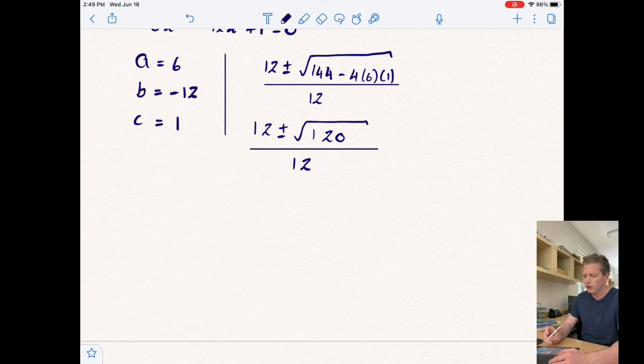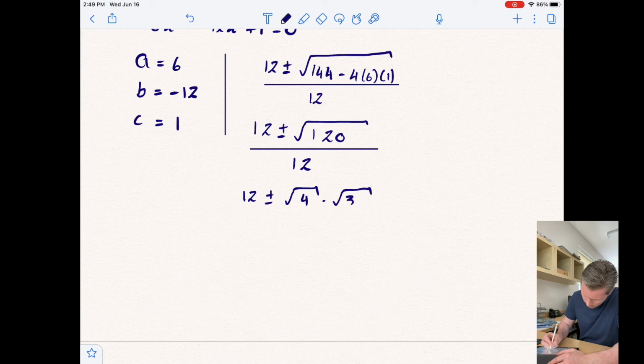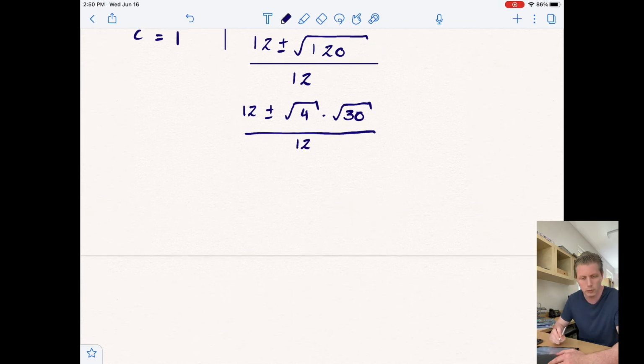The square root of 120 is the square root of 4 times 30. 4 times 30 is 120, and 4 itself is a perfect square. So I have the square root of 4 times the square root of 30, all over 12. And the square root of 4 is 2.